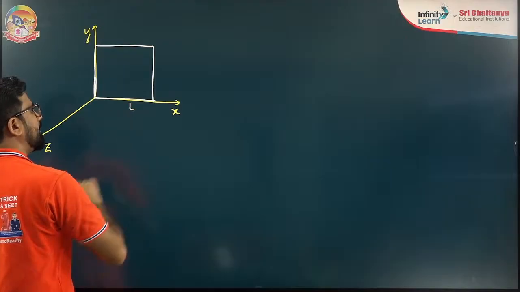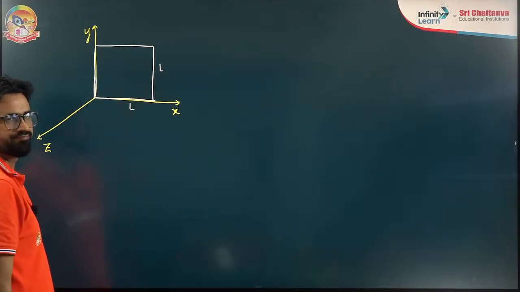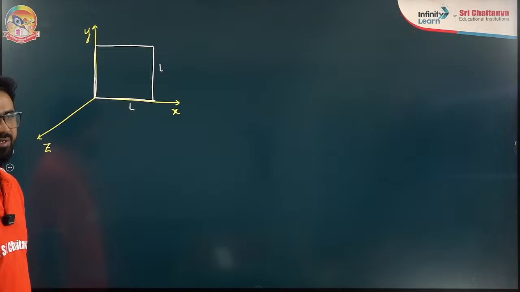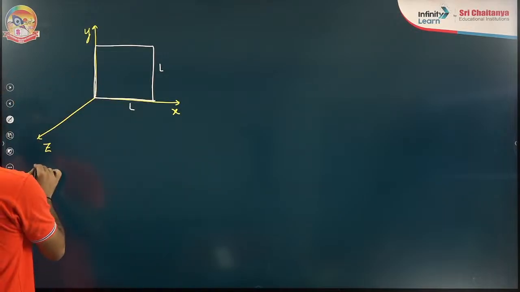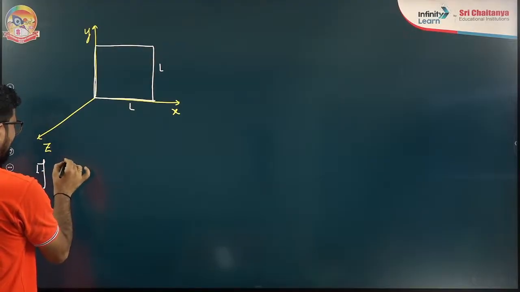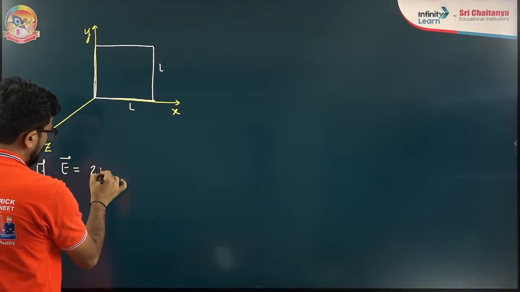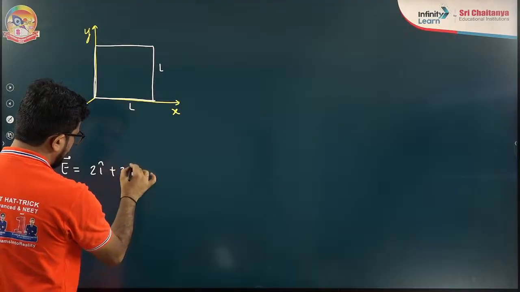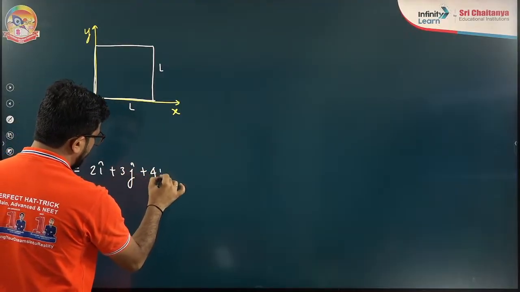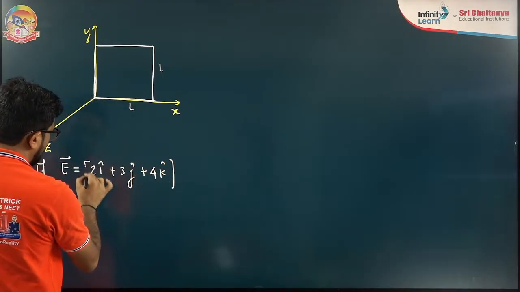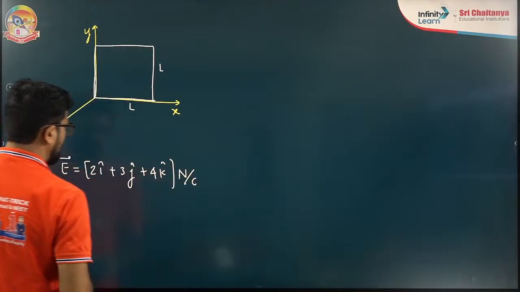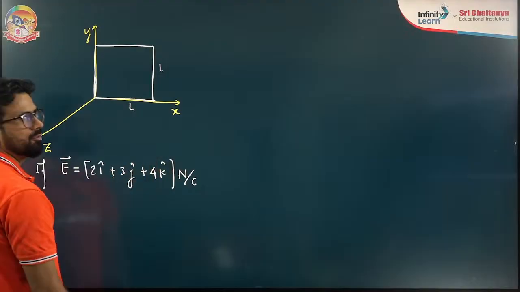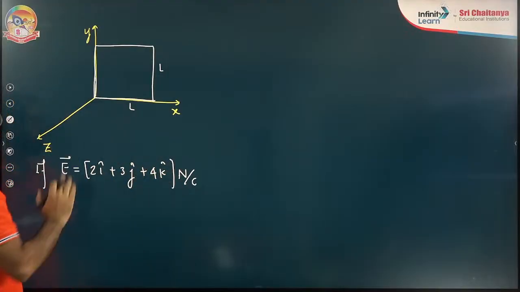This length is L, it is also L. No problem, you can see this is a square sheet. Now the question is that the electric field is equal to 2i cap plus 3j cap plus 4k cap Newton per Coulomb, it is given to you.